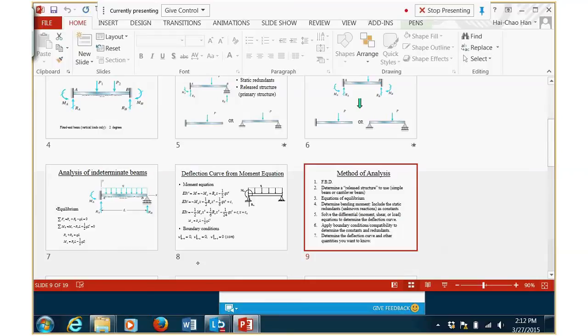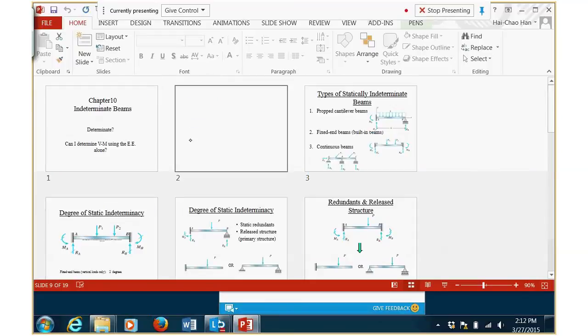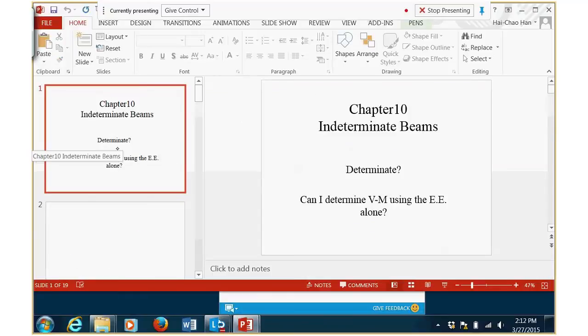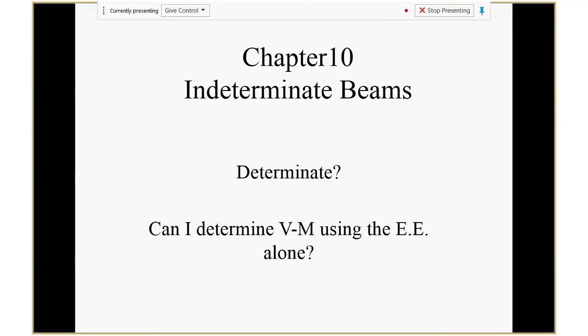I want to talk about something we call indeterminate beams. We already went through indeterminate problems. If you have a bar with multiple restrictions, you can have an indeterminate bar. If you have a shaft between two walls, when you twist it, that becomes an indeterminate problem.